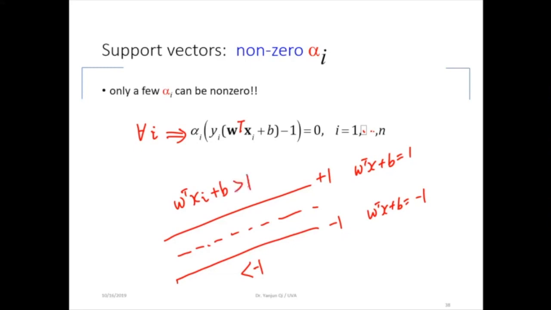Their true y_i equals 1, so this multiplication is guaranteed to be larger than 1, which means this number, the prediction times y_i minus 1, is guaranteed to be positive. If this is positive, the only way to make this whole thing 0 is alpha_i equal to 0.